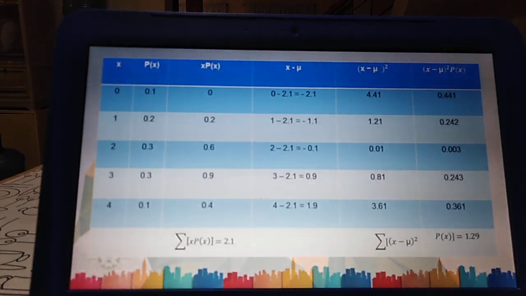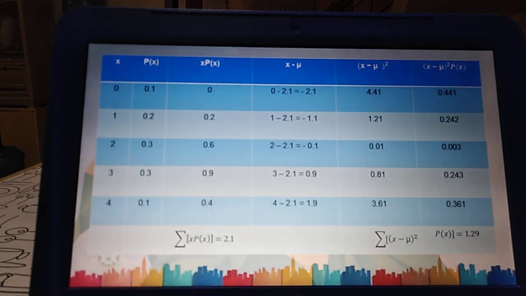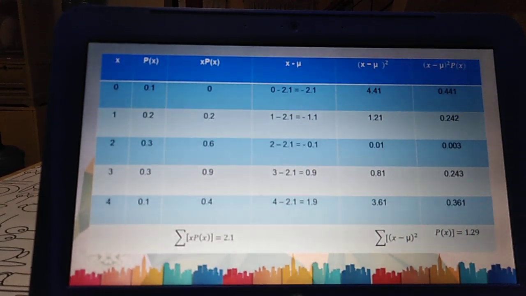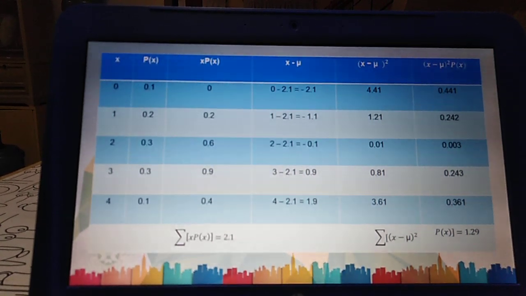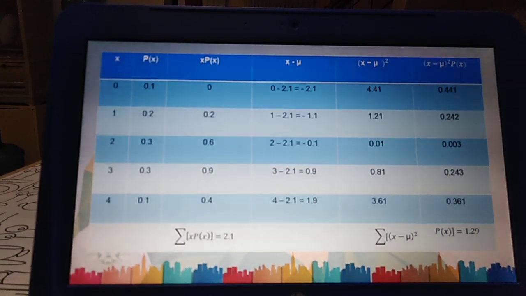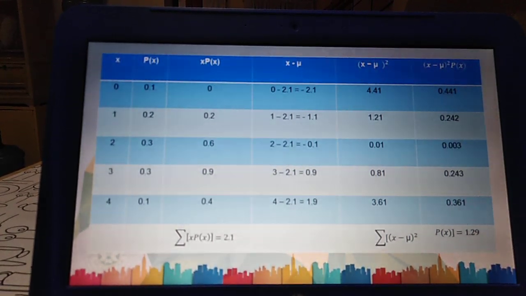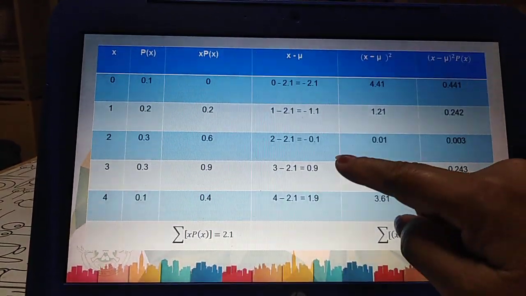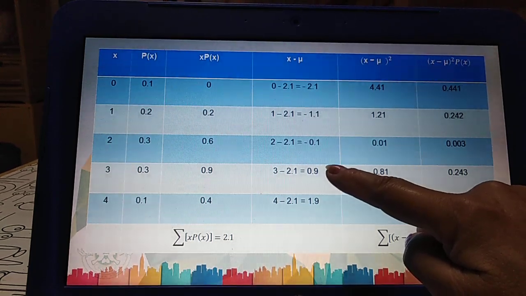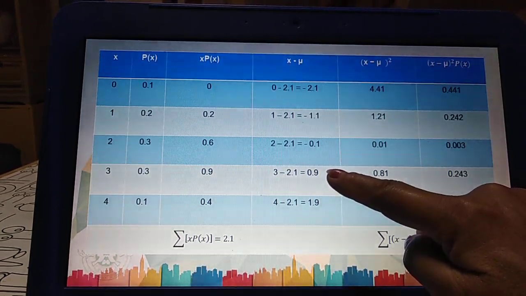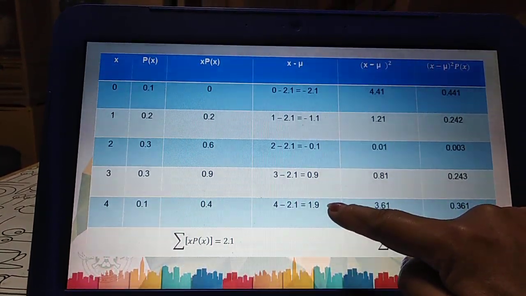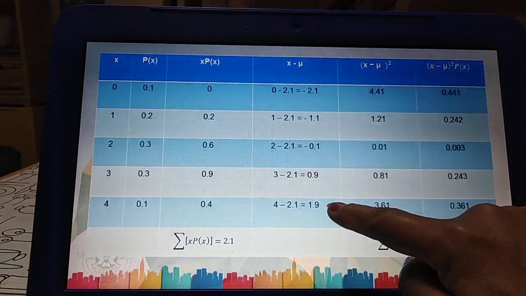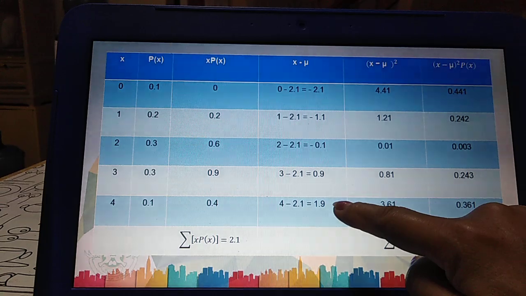Second, 1 minus 2.1 is negative 1.1. Third, if the random variable is 2, we subtract 2.1, we get negative 0.1. If the random variable is 3, then we have 3 minus 2.1, which is 0.9. And if the random variable is 4, then we subtract 2.1, we get 1.9.